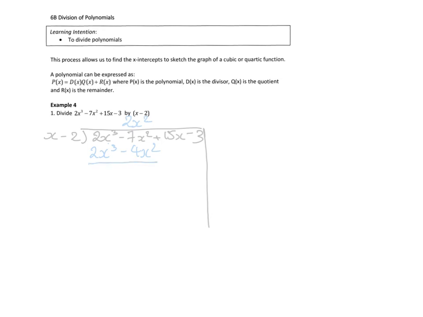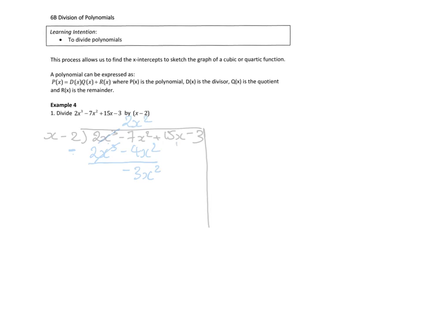And that's our aim all the time, is to get those two terms at the beginning the same so we can cancel them out by subtracting. So 2x cubed minus 2x cubed cancels out. And we've got minus 7x squared minus minus, so plus 4x squared gives me minus 3x squared.